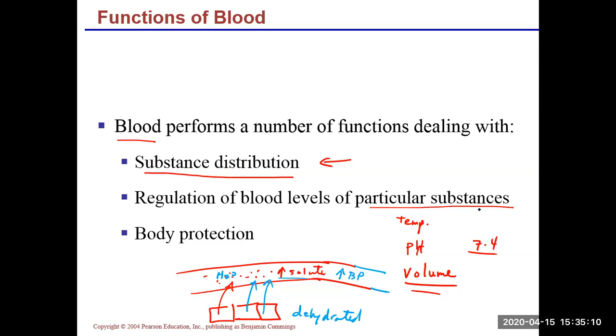Next up, we're going to take a look at protection. Protection mostly is the job of the white blood cells. We will take a look at the categories of white blood cells, but usually they defend against foreign invaders, pathogens, diseases, bacteria, viruses, things in that nature.